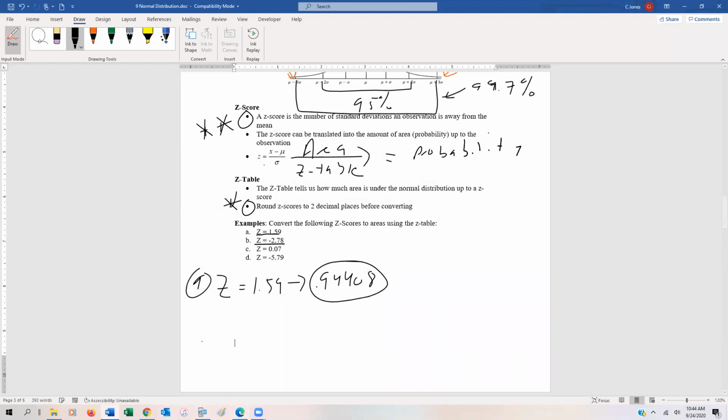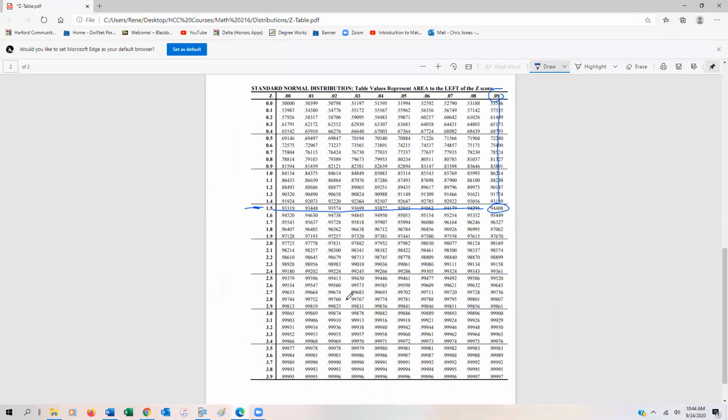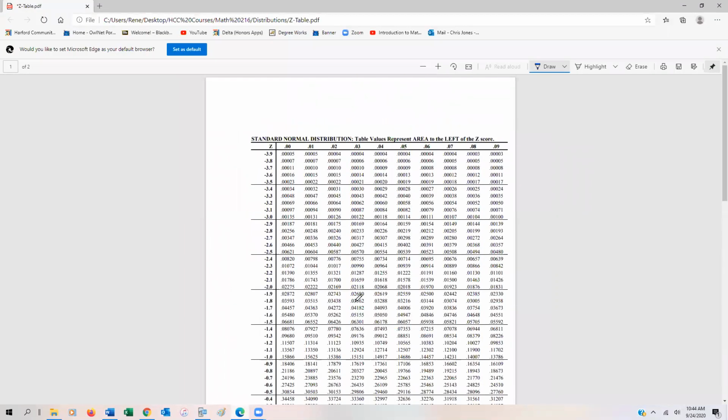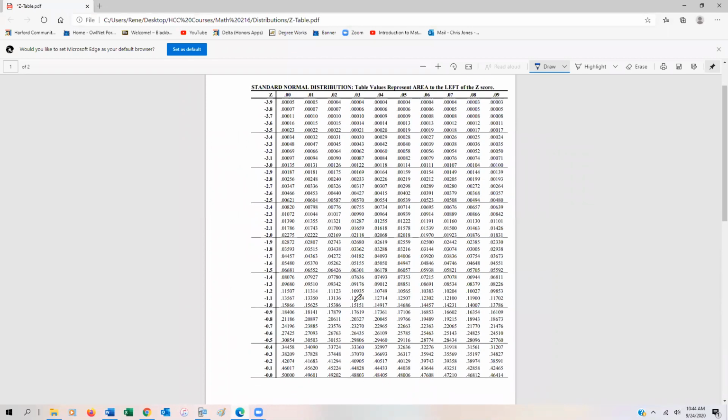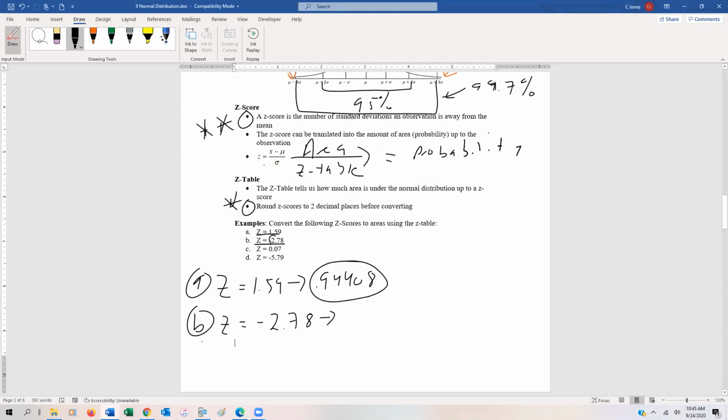Same thing we can do with z is negative. So let's say for letter B, we have our z-score is negative 2.78. We're going to go to the z-table again, this time to the negative side. We're going to go to negative 2.7, which is right here, and then all the way over to 8. When you're doing this, first you look at the ones place and the tenths place, and then you look at the last place.